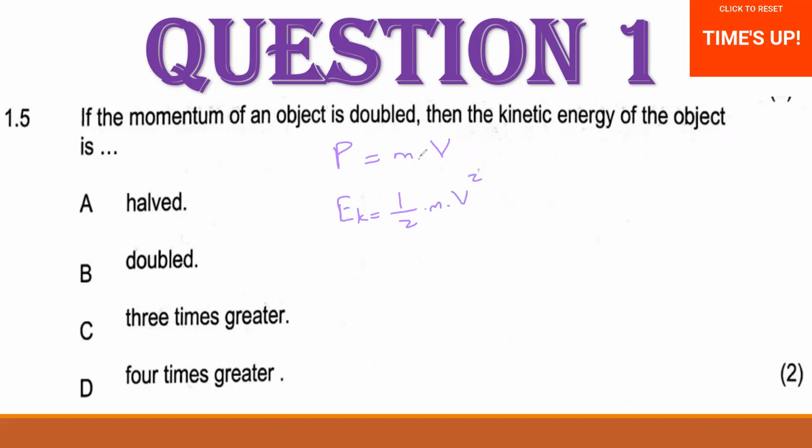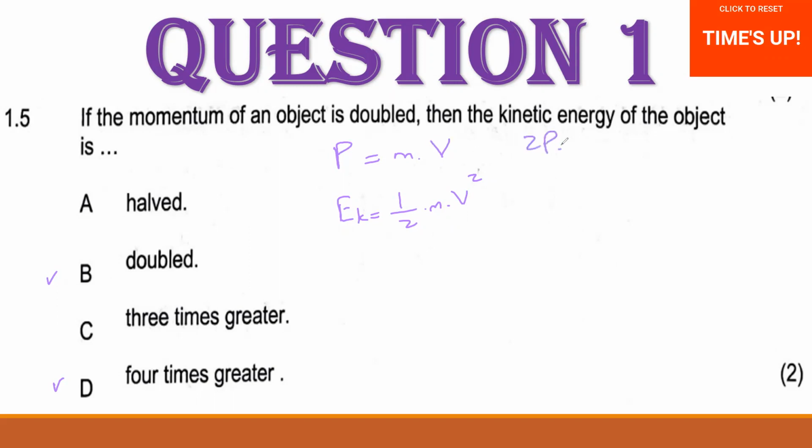So if you double momentum, in this past paper, when we check, they are giving you 2 options, B or D. If you want to make double momentum by changing velocity, you must make double velocity. So if you make double velocity, it's going to be 2v.